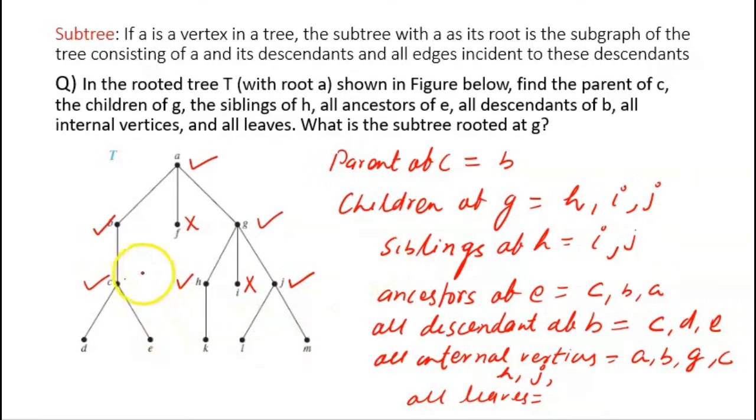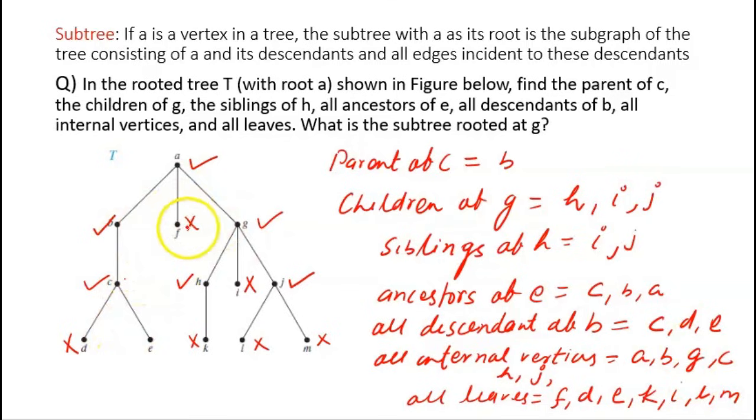Now what are the leaves here? F is the first leaf, so we can write F, and D is also a leaf, so I am writing D. E is also a leaf, so I am writing E. Then K, then I which is already there, and then L and M. I hope we have taken care of all the leaves.